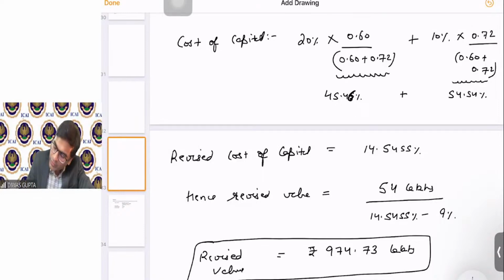Because we have to round it up, the equity will be 45.46. If you take a total of 54.54 plus 45.46, it comes as 100%. Still, that equation is holding true, Shruti. As I told you, if you solve this, this plus this will again be equal to 1 or 100%.